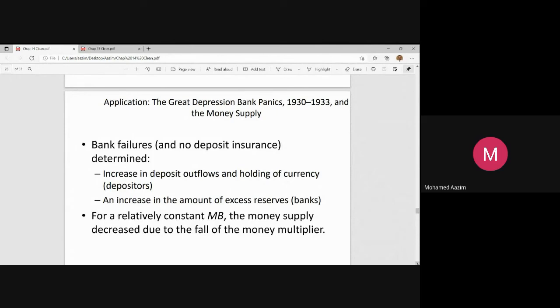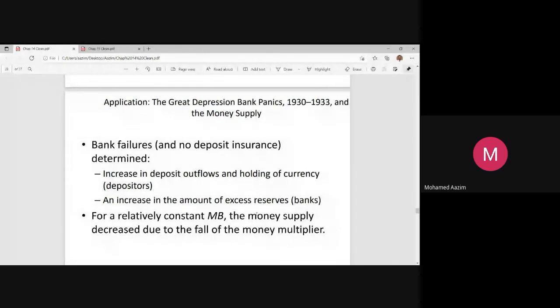During this period, the monetary base was reasonably constant. Monetary base, C plus R, was reasonably constant, or there was no policy intervention to change the monetary base significantly. But due to the money multiplier decreasing, the money supply declined during this period.